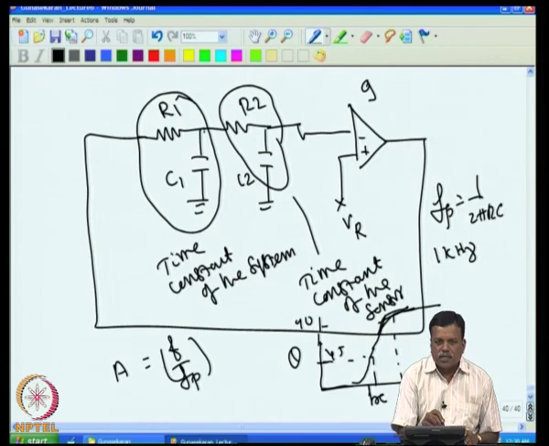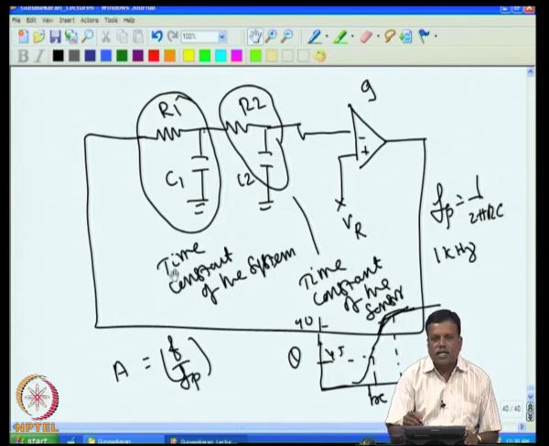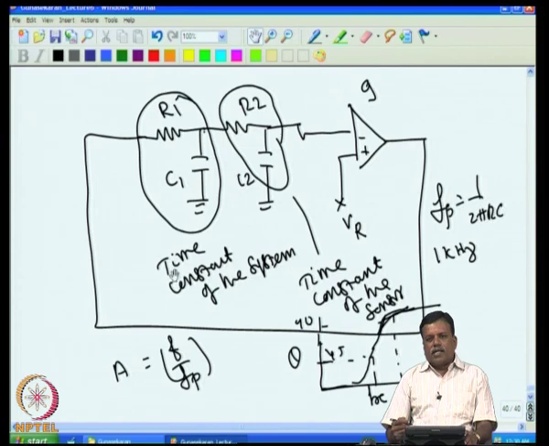So, now the question comes: if I have a system like this, having understood how the attenuation is taking place here and then here, and how the loop phase shift is coming around, now we should try to find out what condition we need to avoid the system oscillating.